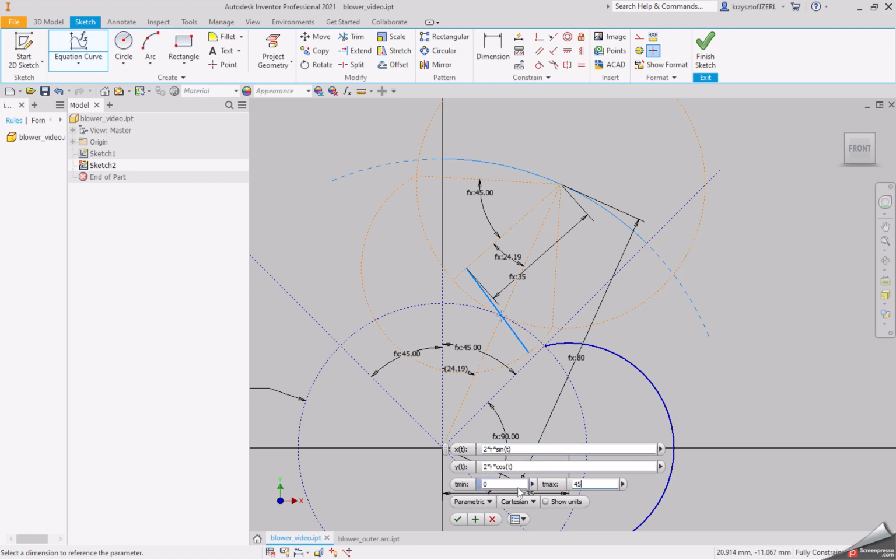Now we have to understand that t is actually a unitless value.